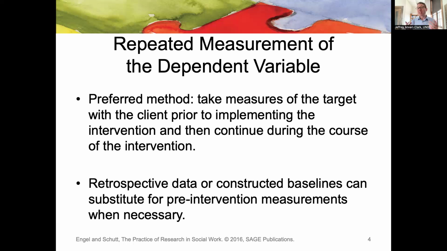Have they seen another therapist before? And so accessing those records or even talking to family members, if that's permitted and if we have permission, we can construct that baseline, but it's ideal if we can measure it at the very beginning.